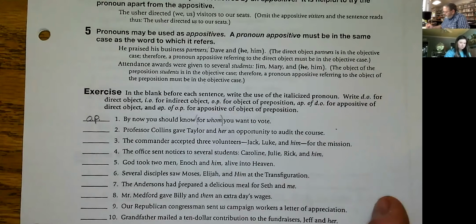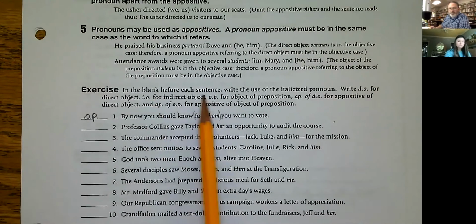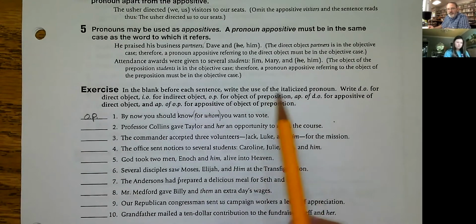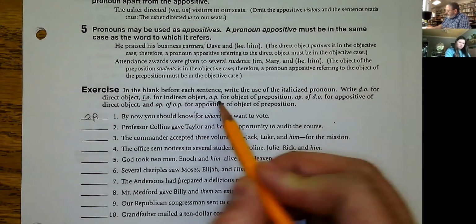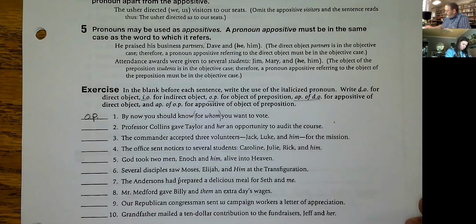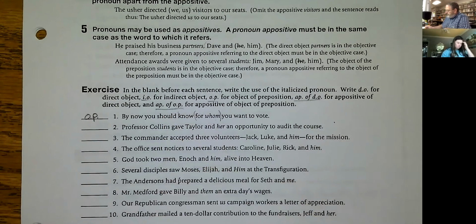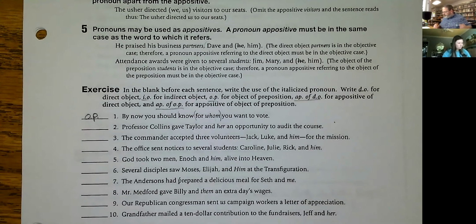Very similar. In the blank before each sentence, write the use of the italicized pronouns, and our options are direct object, indirect object, object of preposition, appositive of direct object, appositive of object of preposition. Okay, well, let's look at the first one. Professor Collins gave Taylor and her an opportunity to audit the course.